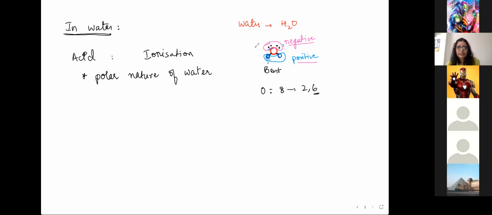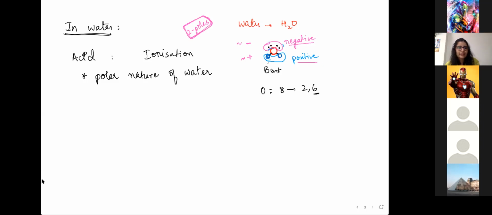Now, because there is a separation of charges, with one side slightly negative and the other side slightly positive, this creates something like having two poles of a magnet. Do you remember, a magnet has two poles? Which are the two poles? North, south.